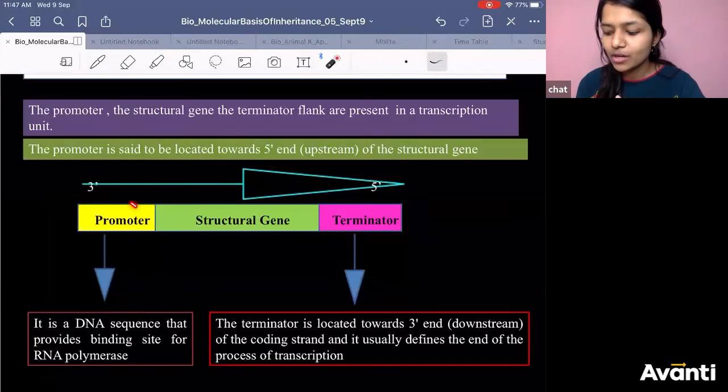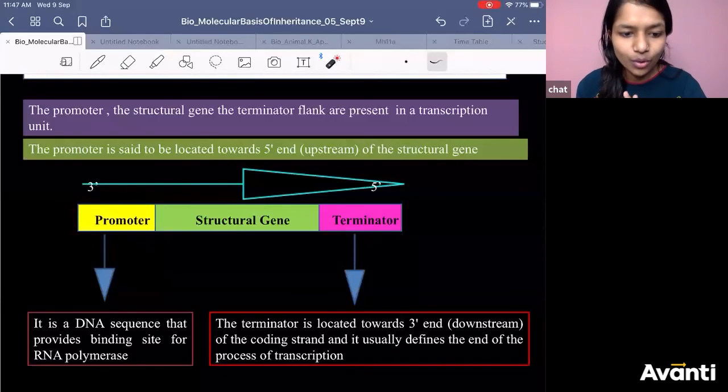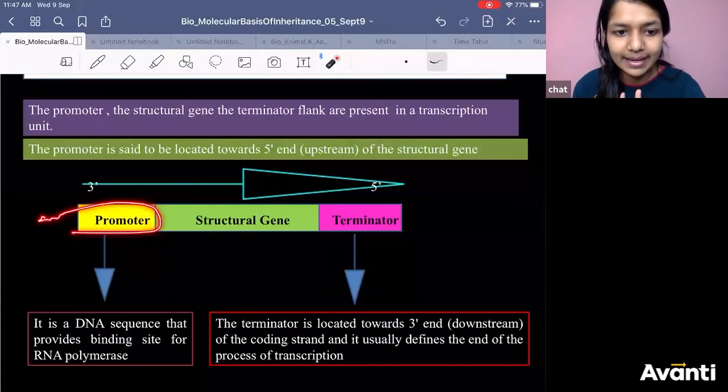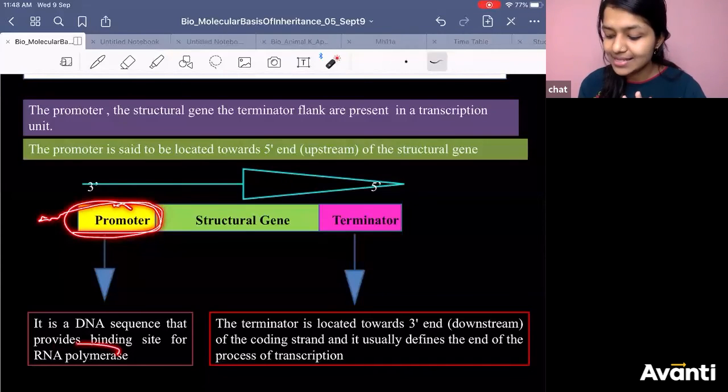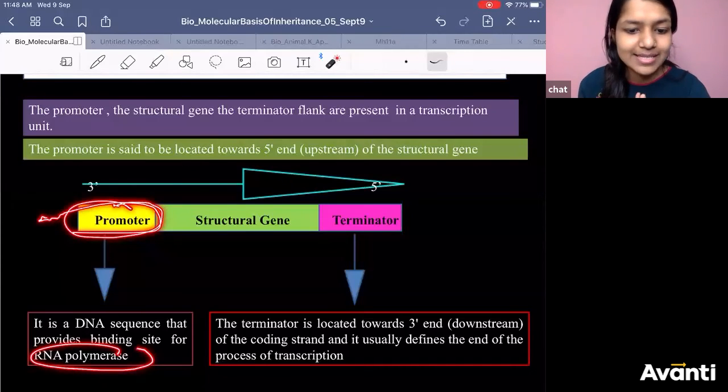So what happens at the promoter? Initiation. How? The promoter will have a DNA sequence. It is part of the template DNA, right? The promoter has a DNA sequence where RNA polymerase comes and binds. Which enzyme comes and binds? RNA polymerase.